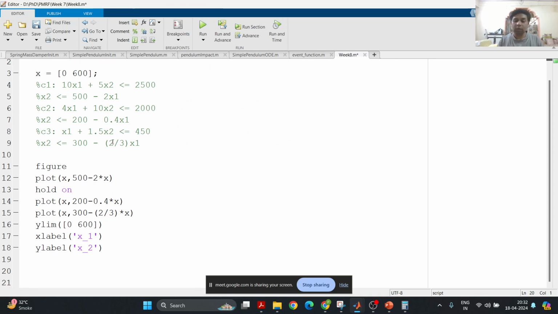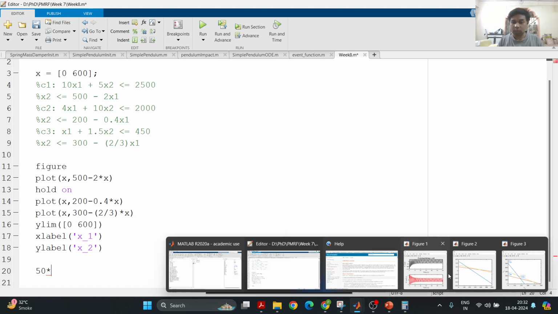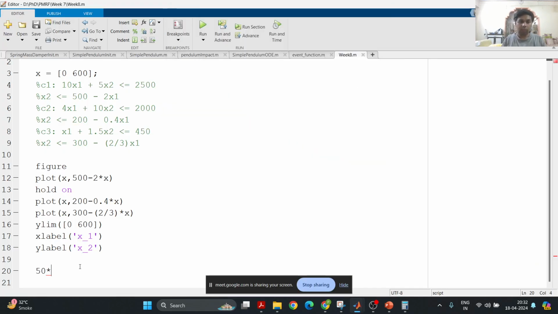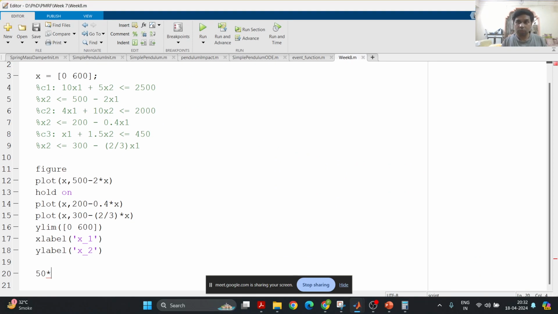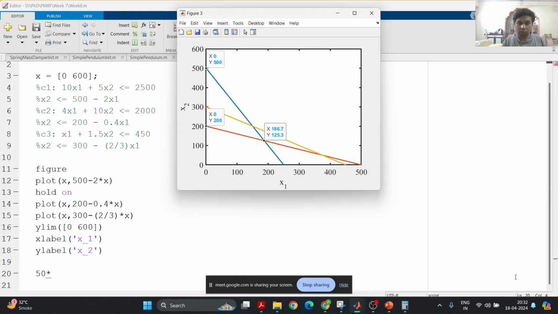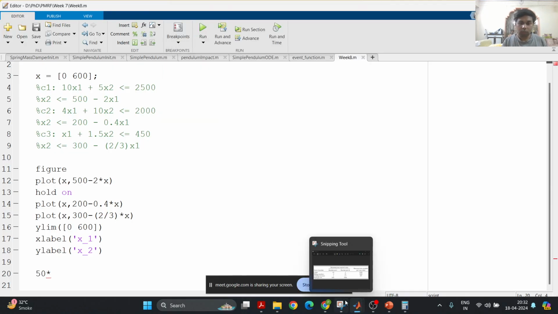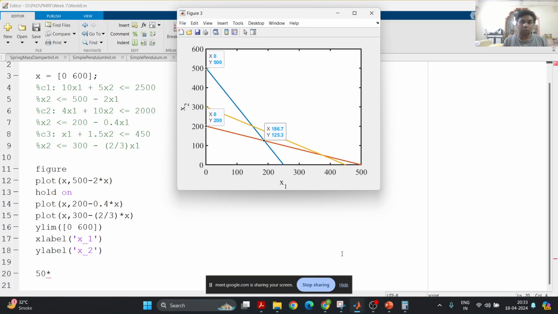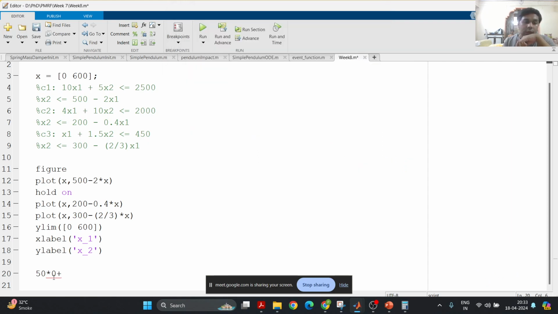It will be basically 50 into 0 plus 100 into 200. That will be the profit for the first corner point.